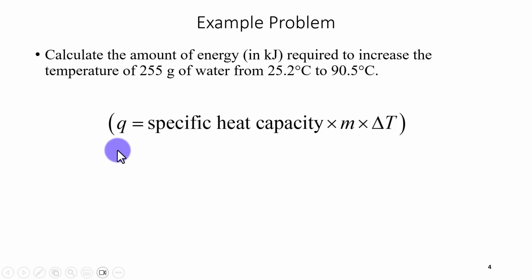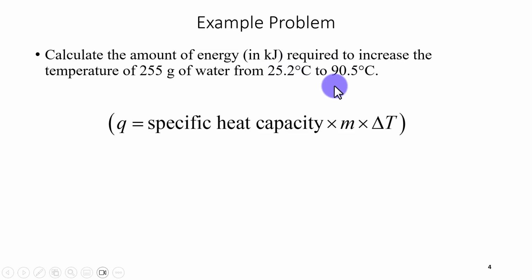I'm going to use this particular formula. So I have Q, that is my energy. It's equal to the specific heat capacity for water, which I can look up from the table, multiplied by the mass of water in grams, which I have, multiplied by the change in temperature. Well, I can calculate that. Change in temperature is really final temperature minus initial temperature. This is my final, this is my initial.